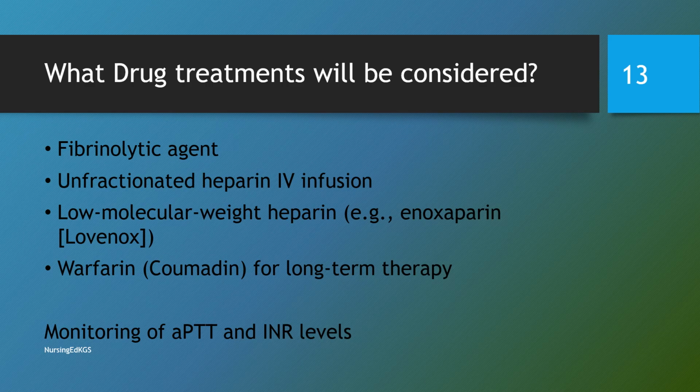It is important to know that the dosage of heparin is adjusted according to the APTT, your activated partial thromboplastin time, and the dosage of warfarin is determined by your INR. There are often frequent changes and titration of the heparin doses initially in order to obtain a therapeutic APTT level.